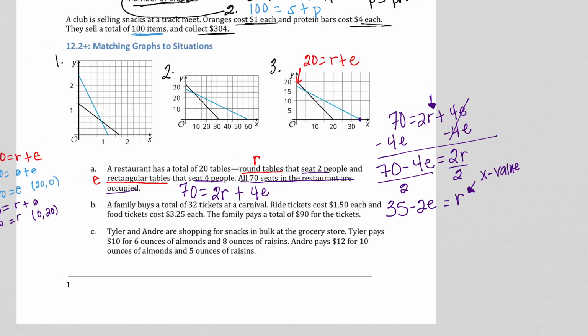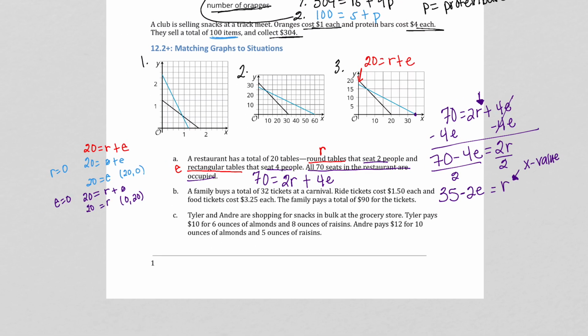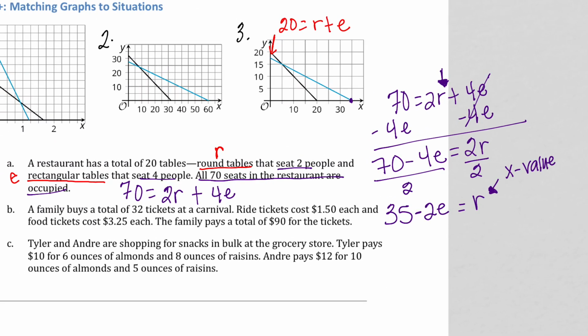So my x-axis, yeah, we'll leave it. That means round tables is depicted down here, or the number of round tables. That means my y-axis is my number of rectangle tables. All right.